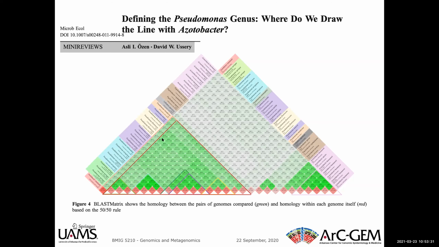It should be Pseudomonas. There's lots of evidence it should be. But you start looking at these other guys, compared to all these other cousins and friends, Acinetobacter, Saccobacter, some of the other things that are in the same family. Azotobacter should be in the Pseudomonas family. And again, this is using this 50-50 rule we were talking about earlier.